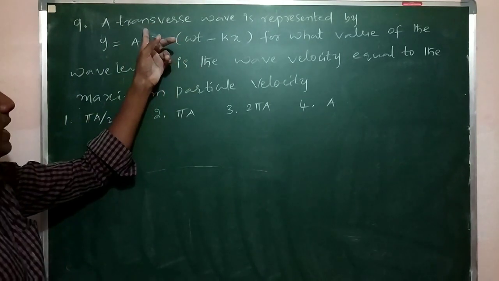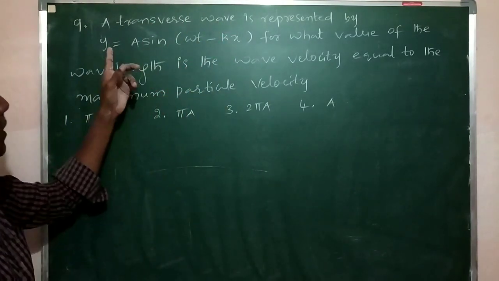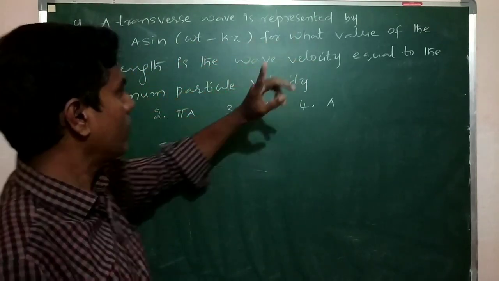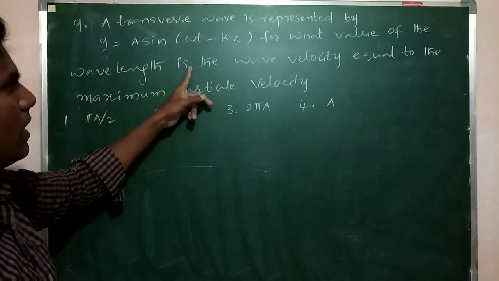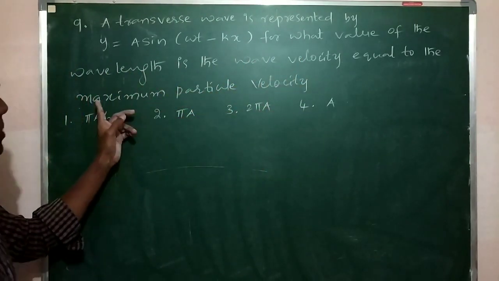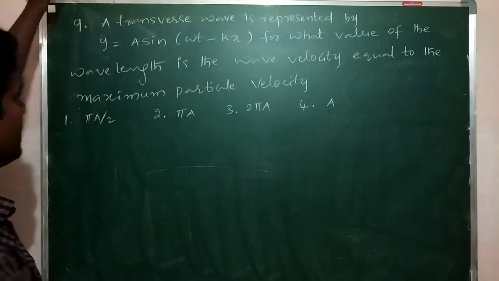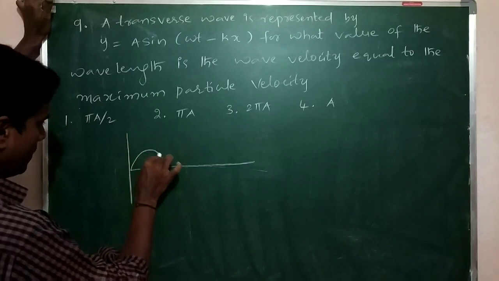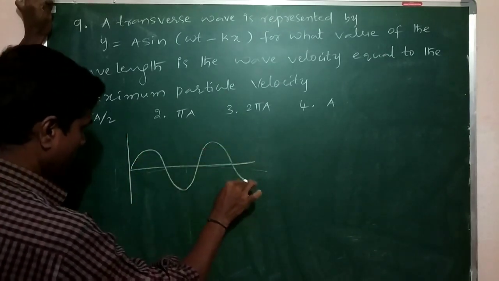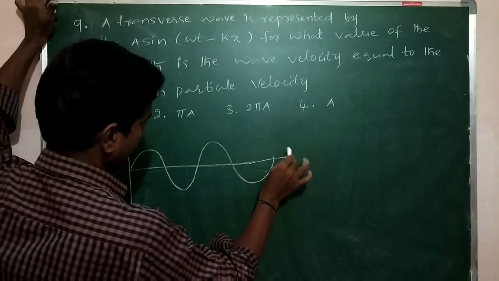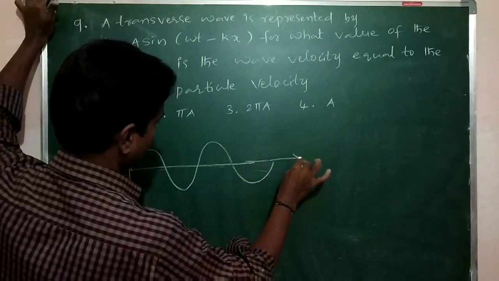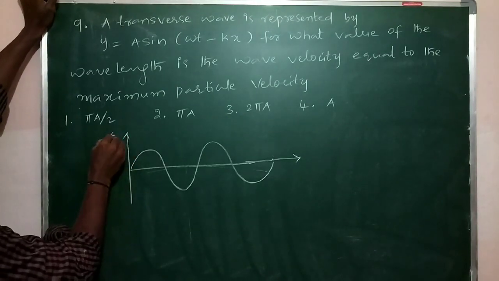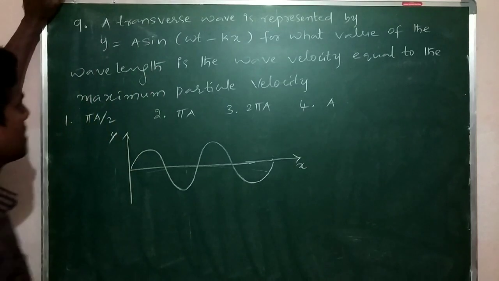Okay, the question is: a transverse wave is represented by y equal to A sine of omega t minus kx. For what value of the wavelength is the wave velocity equal to the maximum particle velocity? Displacement is y, distance is x.